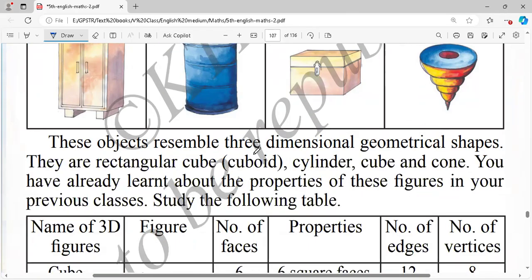These objects resemble three-dimensional geometrical shapes. They are rectangular cuboid, cube, cylinder and cone. You have already learned about the properties of these figures in your previous classes, that is, in fourth class and third class.